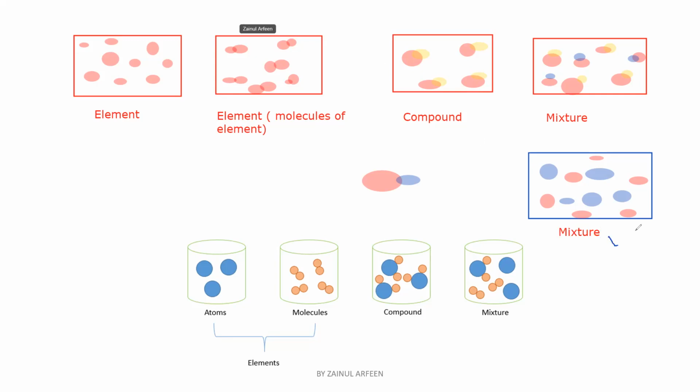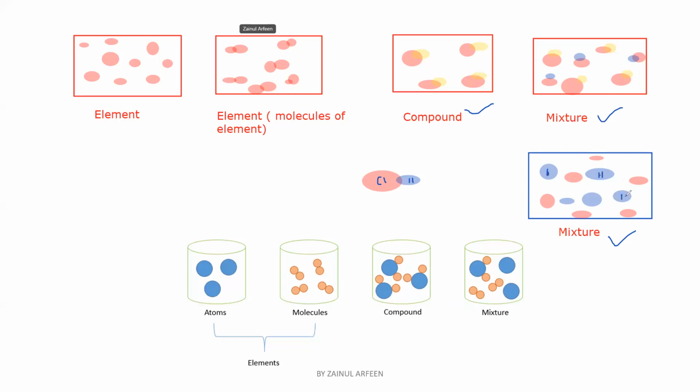Is it clear? So this is a mixture, and this is a compound. The difference between them here: in a compound, they are chemically joined together. For example, if I say hydrogen mixed with chlorine, it will form hydrogen chloride. But in this case, hydrogen is separate and chlorine is separate.